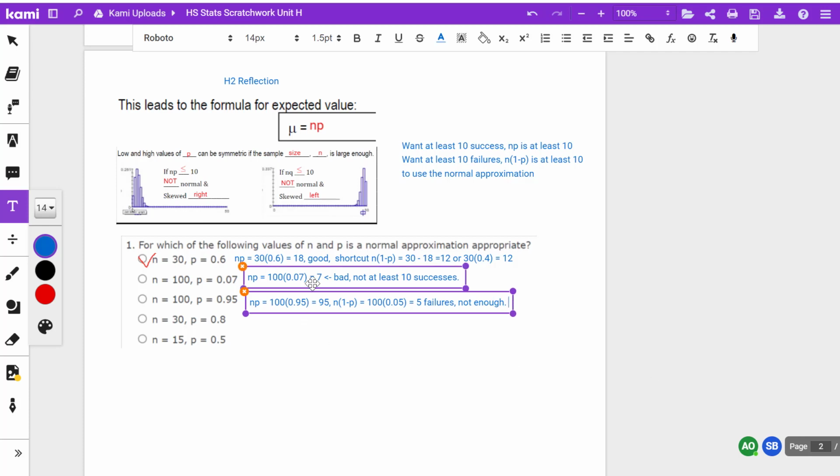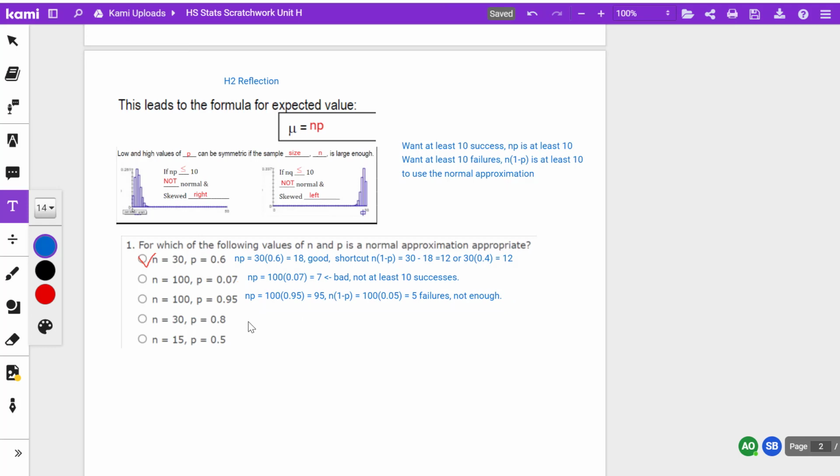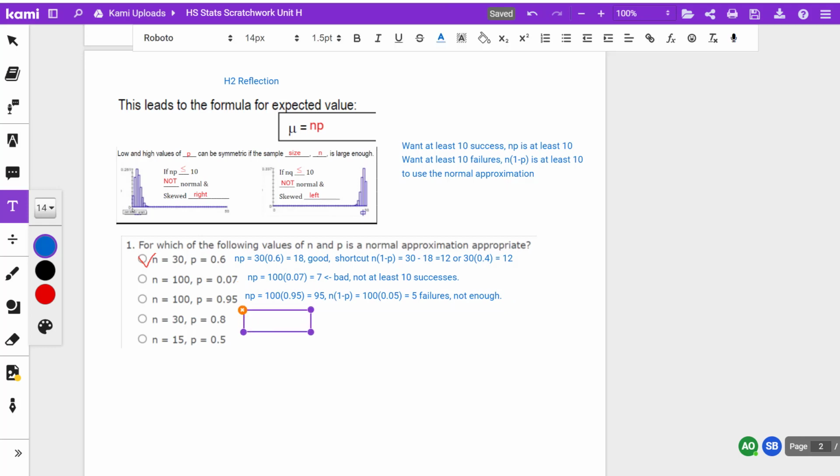And then we have this one here, np is 30 times 0.8, which is 24. That's expected successes. So expected failures equals 30 minus 24 equals 6, not enough.